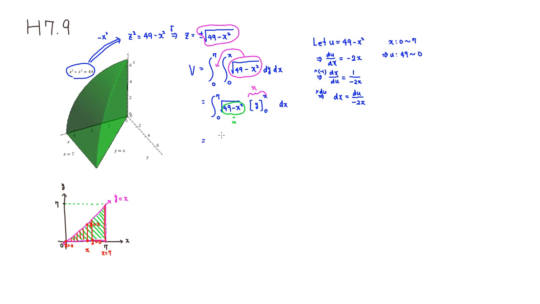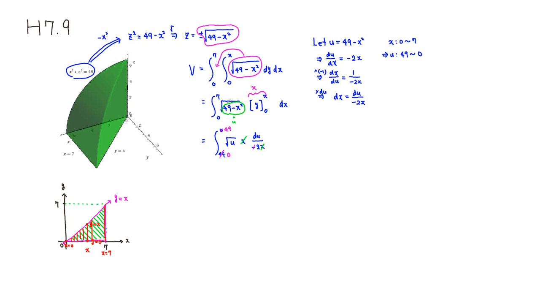So this integral becomes the integral from 49 to 0 of the square root of u, and I'll leave x as it is. dx is du over negative 2x, so we can cancel x on top and x on the bottom. I'm going to use the negative sign to switch the lower and upper bounds, so I'm going from 0 to 49.